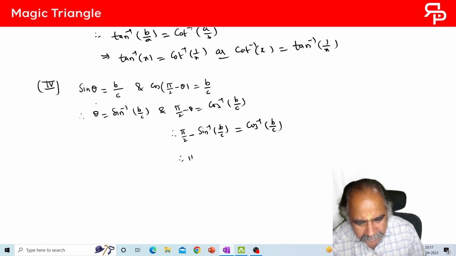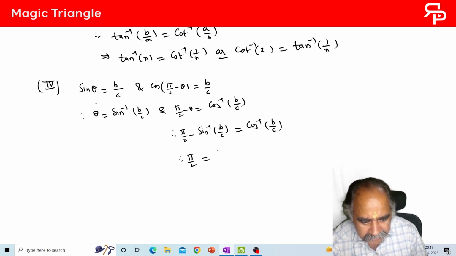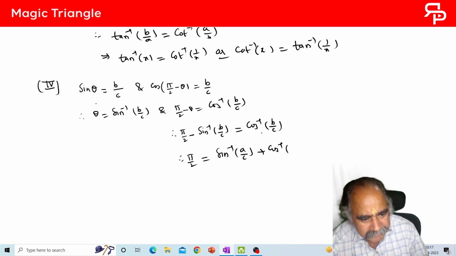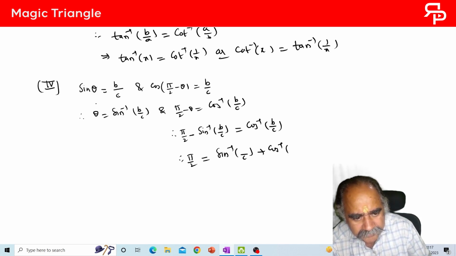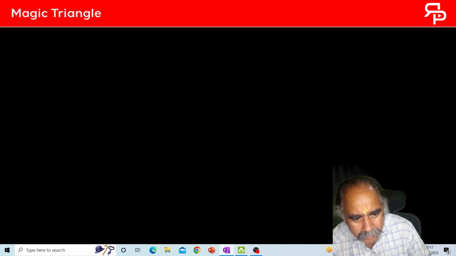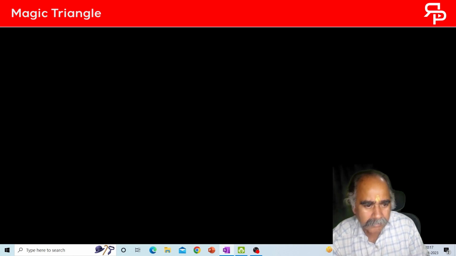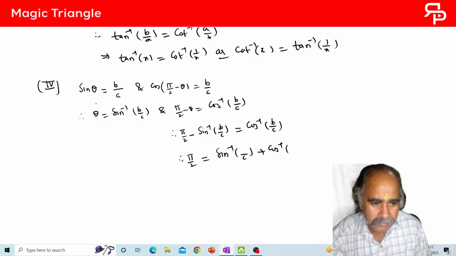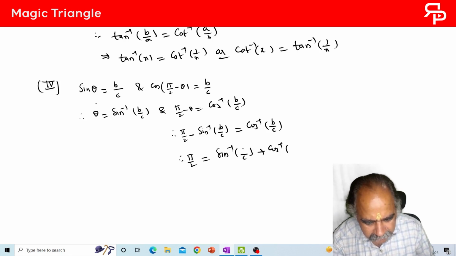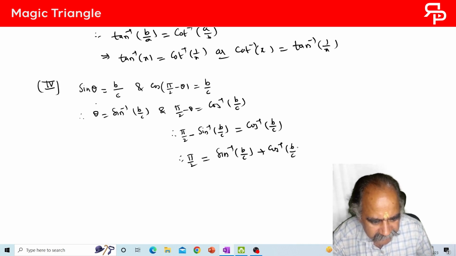So pi by 2 is what? Sin inverse B by C plus cos inverse B by C.